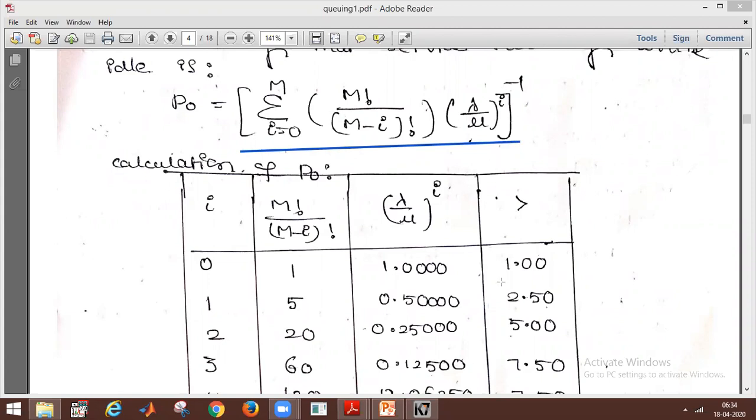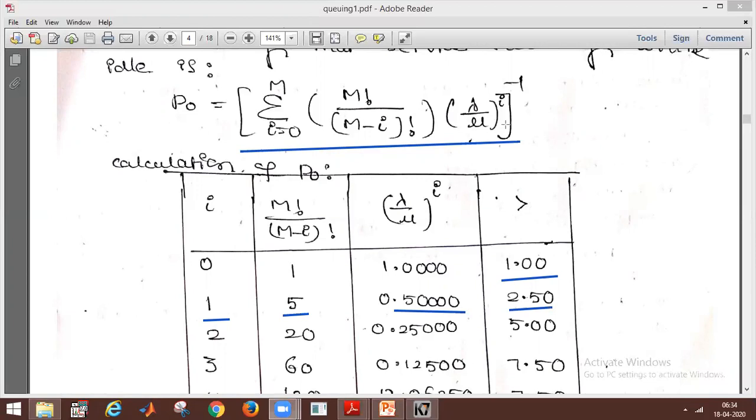Calculating this value for I is 0, we get 1. Substituting I is 1 and calculating the m factorial by m minus I factorial with lambda by mu as 0.5, we get 2.50.